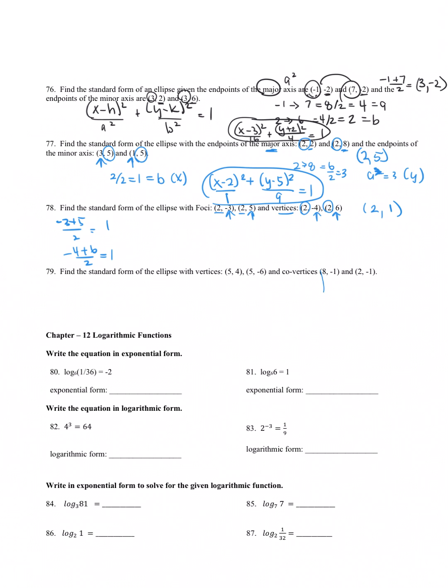Finding the vertices gives me my a value. You can see the stretches on the y. So I'm going to find the distance between negative 4 and 6, which is 10, but I have to cut that in half. So 5 is my a value. And this one right here, my foci, gives me my c value. The distance between negative 3 and 5 is 8.